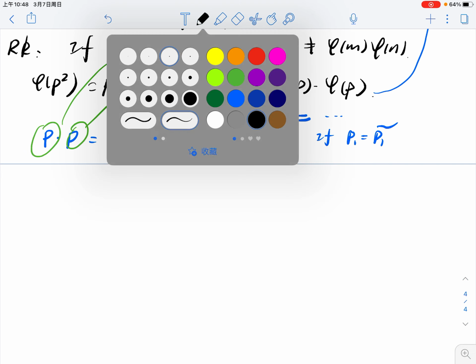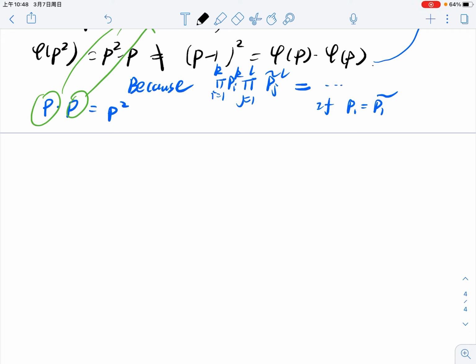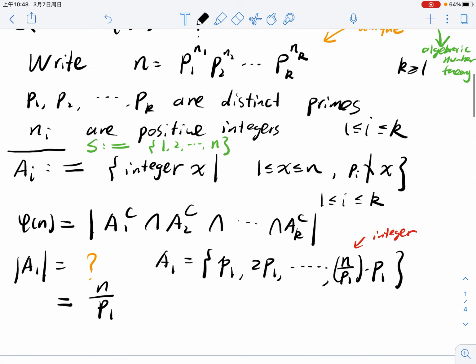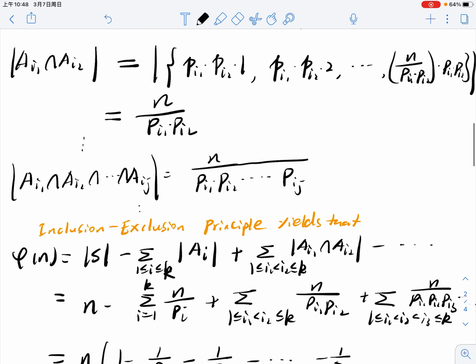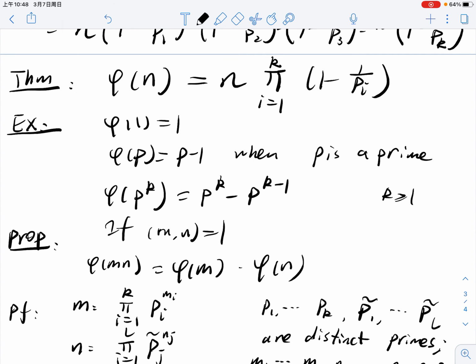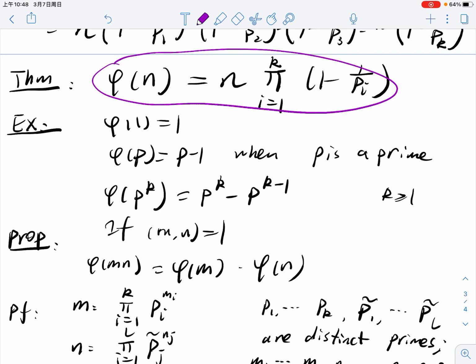Another remark, I don't want to write it down, is that this Euler product is very important in modern number theory, especially in representation theory, the Langlands program, because later on people realized that not only integers have this formula, many functions and many representations can also be written as a product.